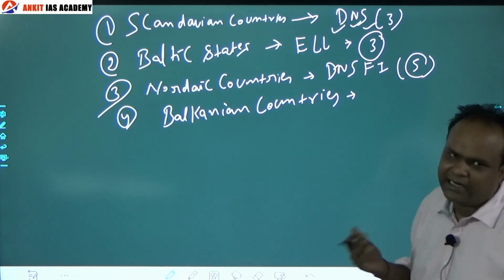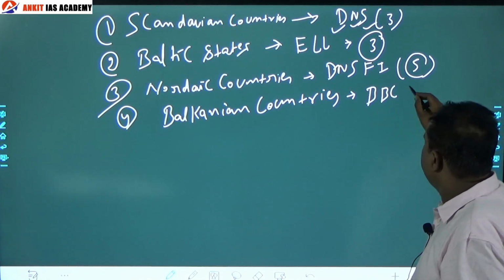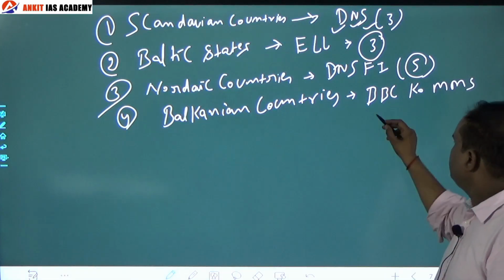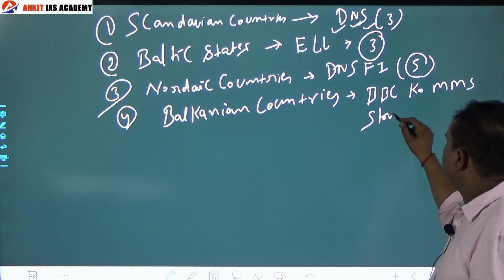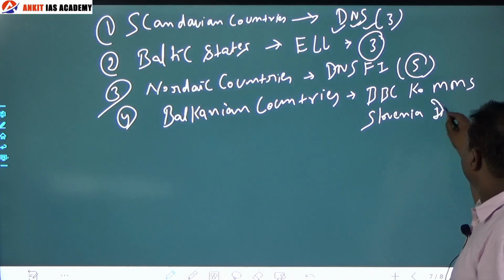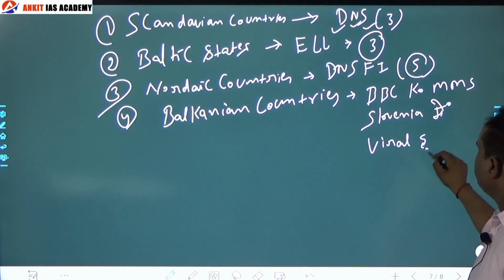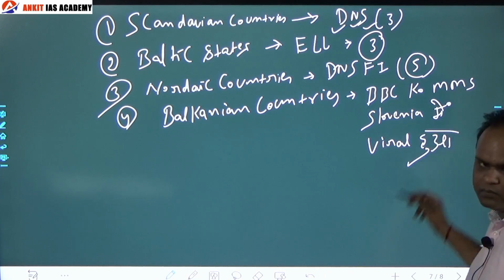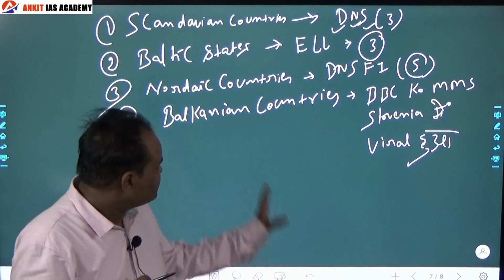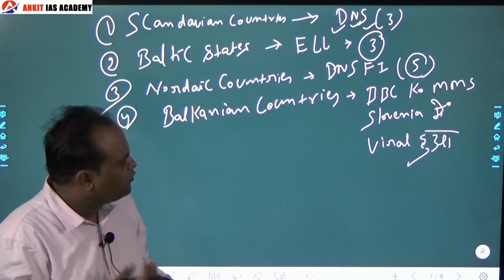There are some Balkan countries, as we have discussed. This part is very important. Generally, they will ask you a question from this particular section. Students will always get confused in all this.